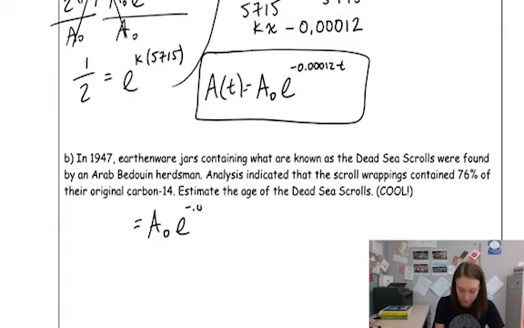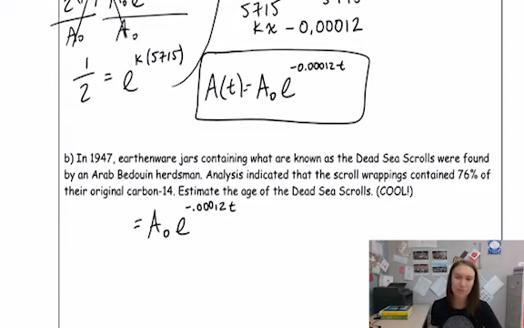E to the negative 0.00012 t. Okay, I'm estimating the age, so I'm finding t. Given that when we found the thing, that was 1947 when we found it, but that's not how old it was, right? It's been there for a while. So there was 76% of the original.